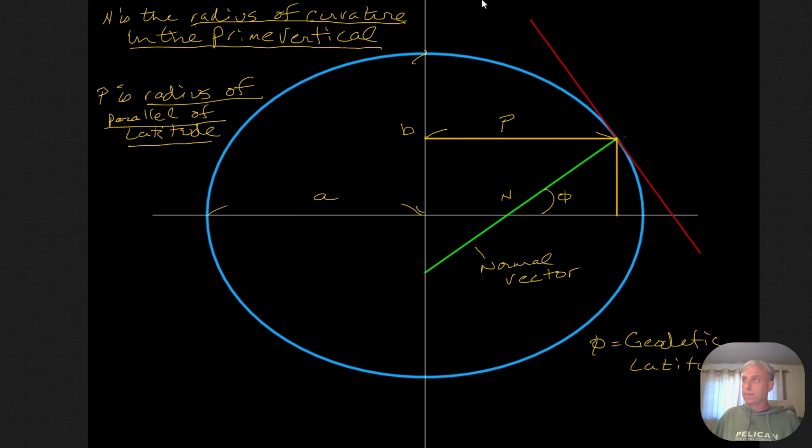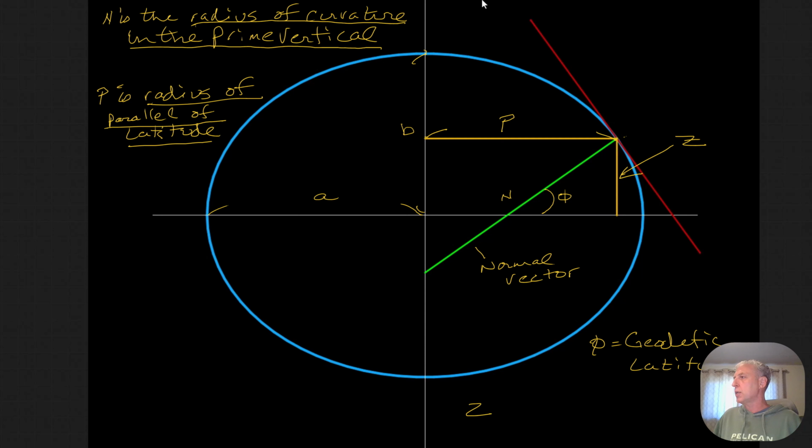We have one more distance here. This here is z, which is just like in our Earth-centered, Earth-fixed Cartesian coordinates. That's the z Cartesian coordinate.